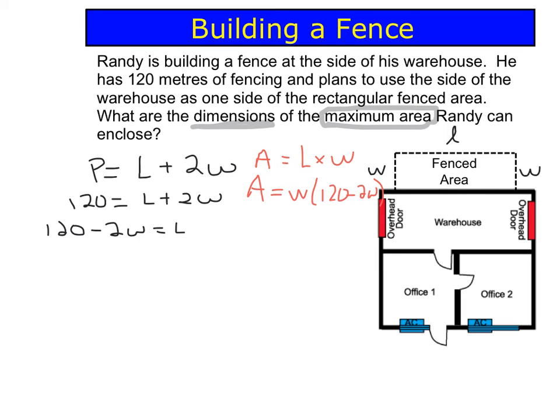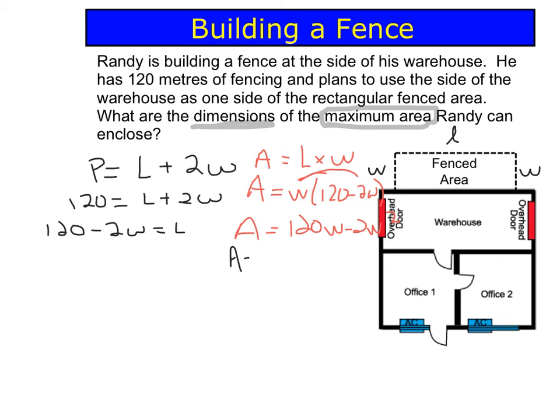Now what you want to do is distribute your W through. So we're going to have 120W minus 2W squared. Probably want to rearrange this equation.